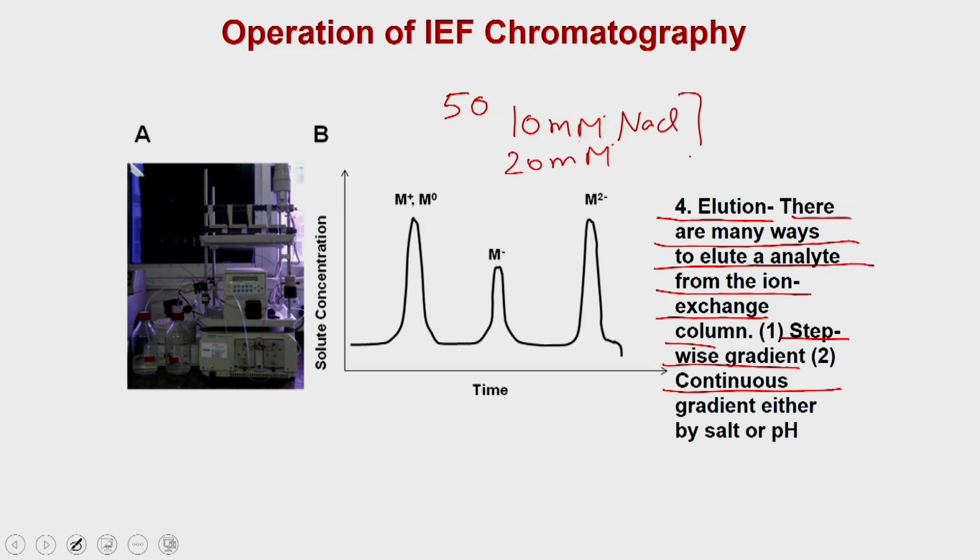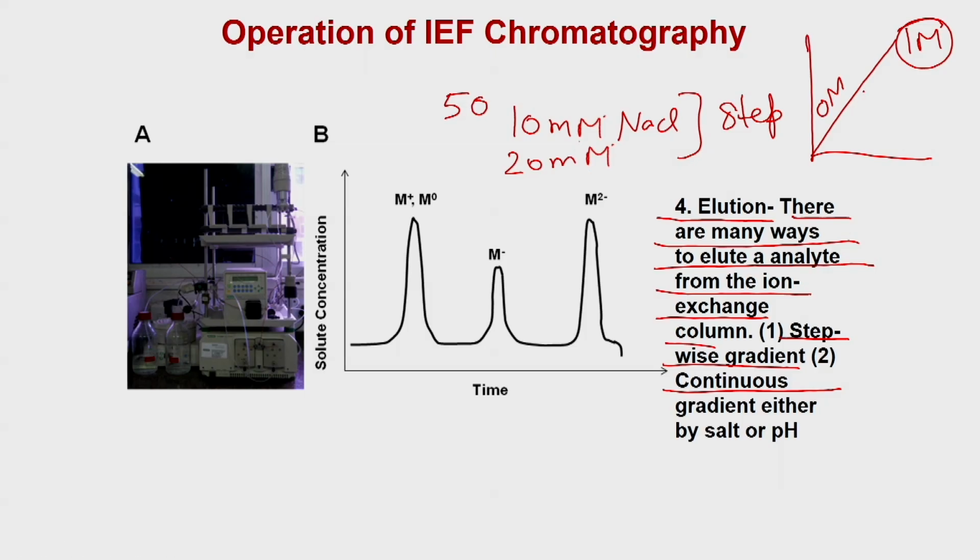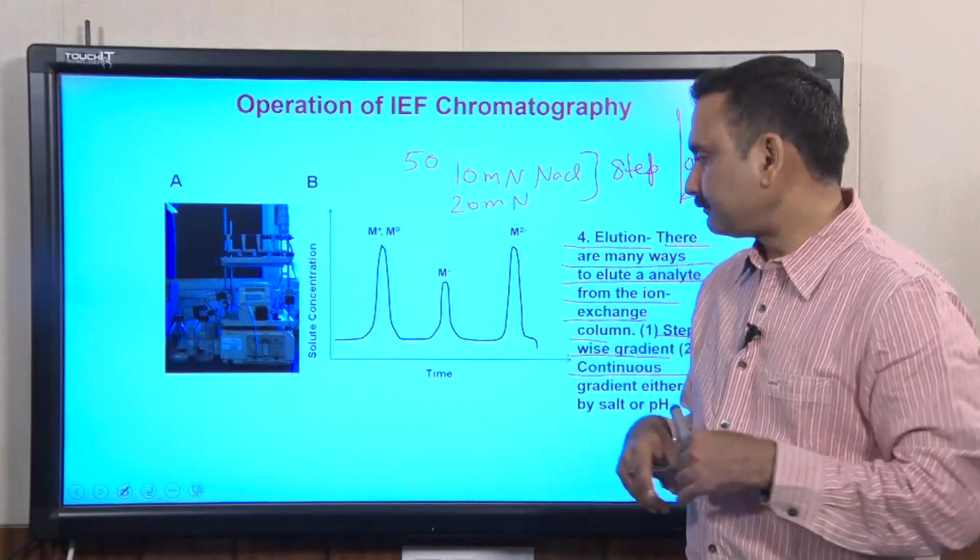Those are called step gradients, whereas in the linear gradient you make a gradient of NaCl from 0 molar to 1 molar. That allows you to optimize at what NaCl concentration you can get the protein of your interest.